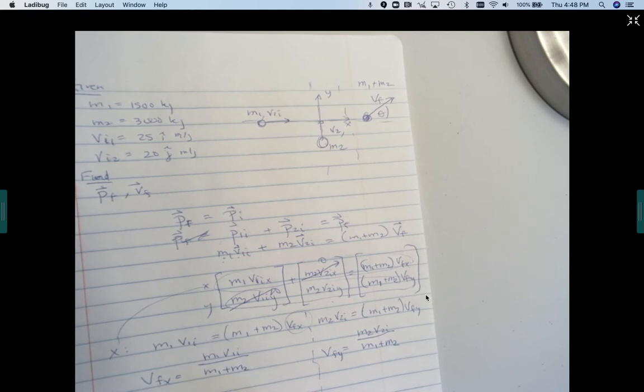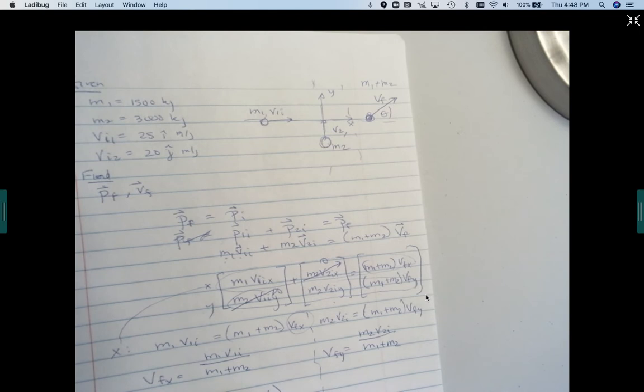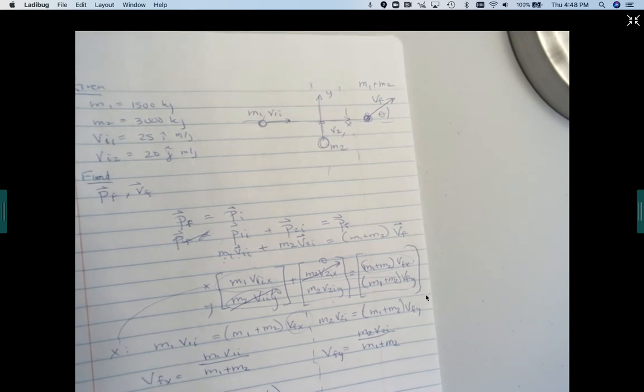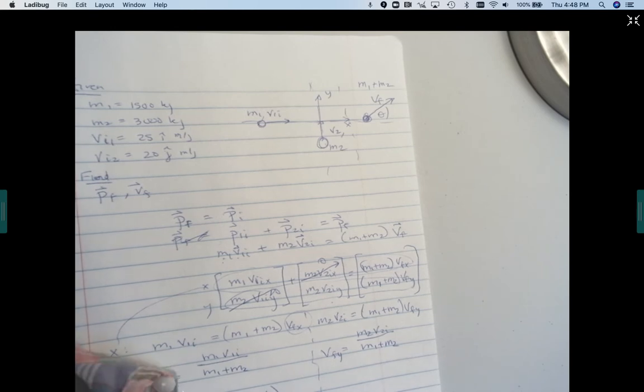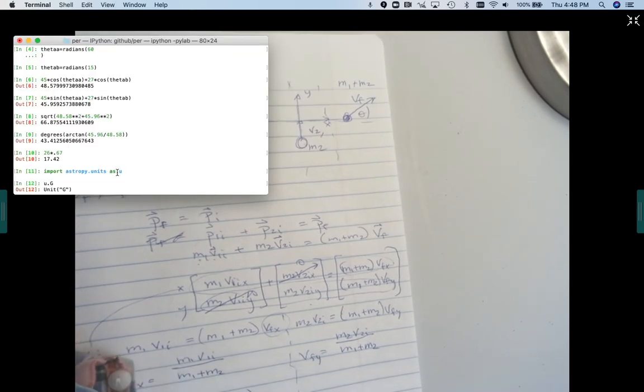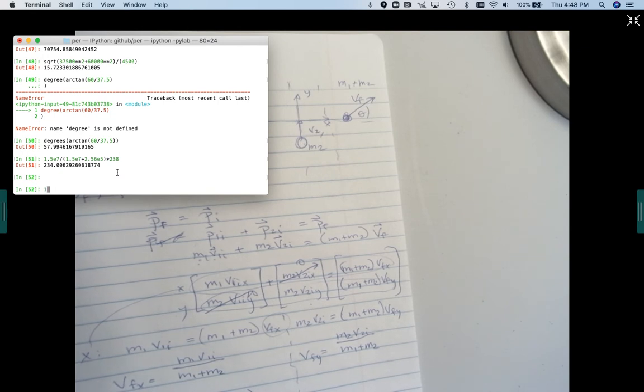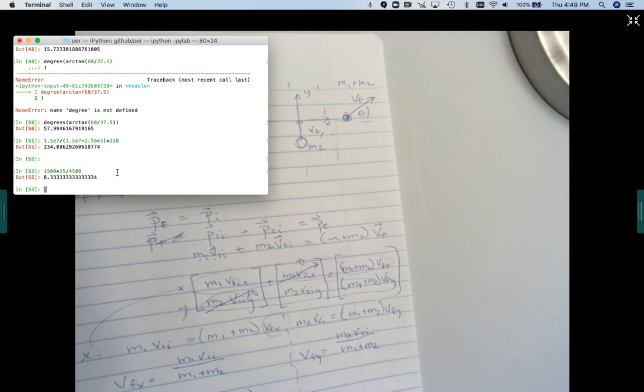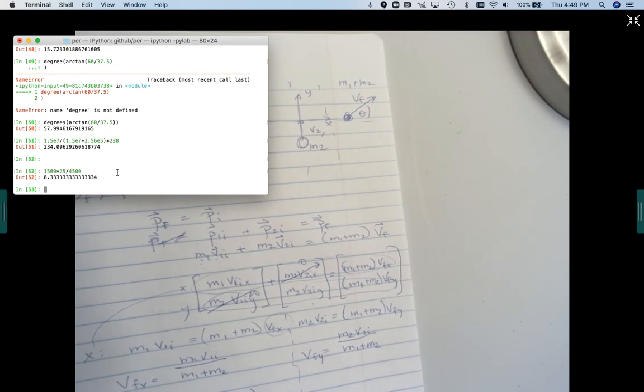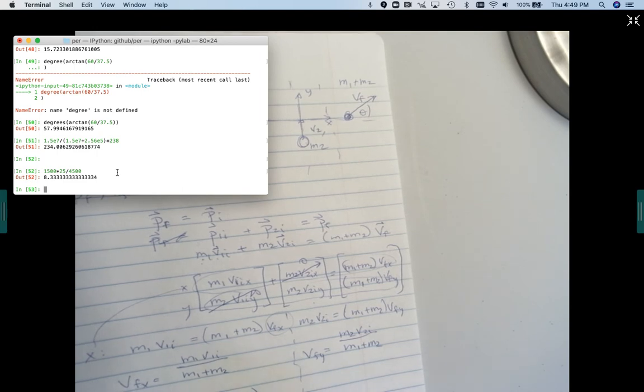It's going at 25 meters per second. And then we divide by total mass, which is 4,500 kilograms. So let's get our screen up here. All right, so we have 1,500 times 25 divided by 4,500. Okay, so we get 8.33 meters per second. And that's going to be in the i direction.